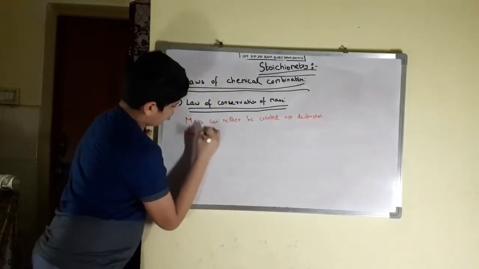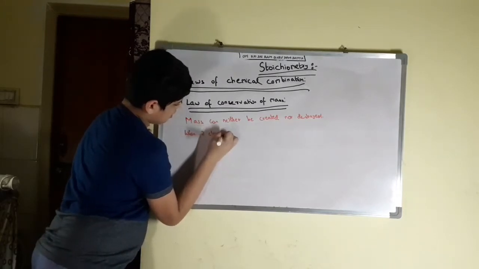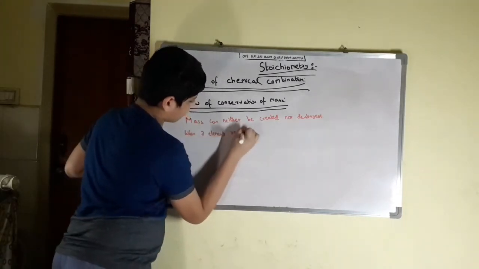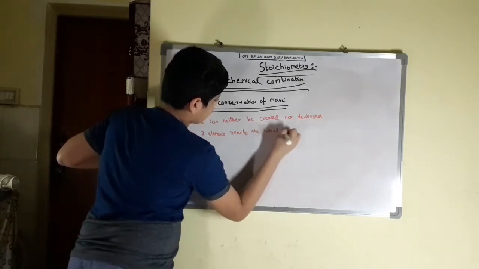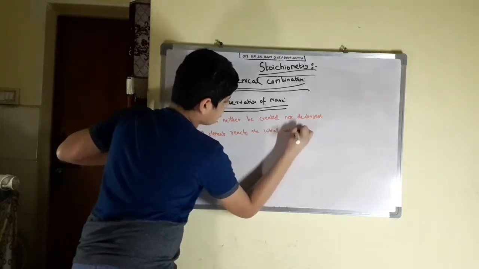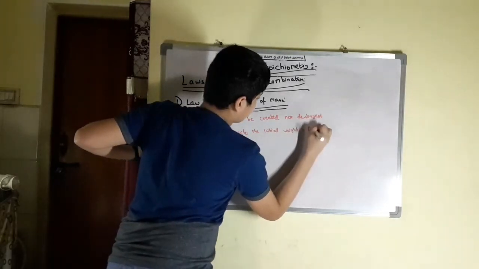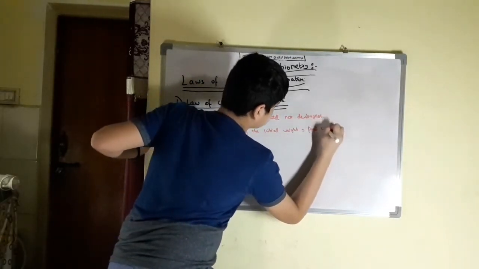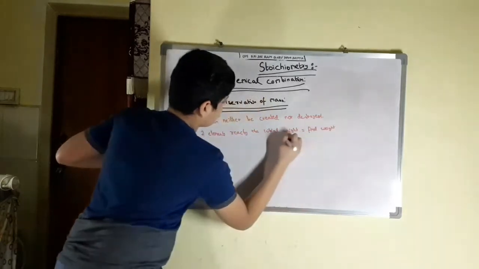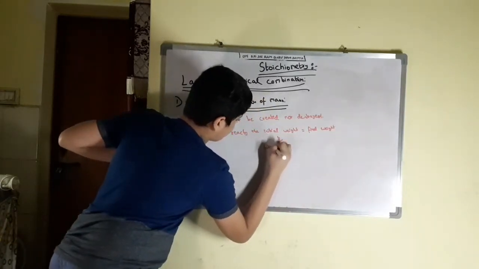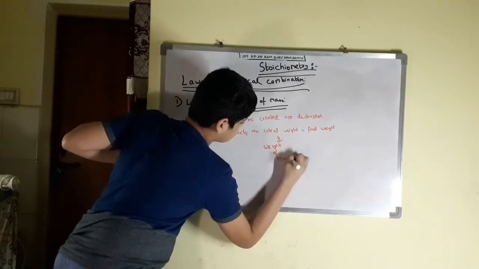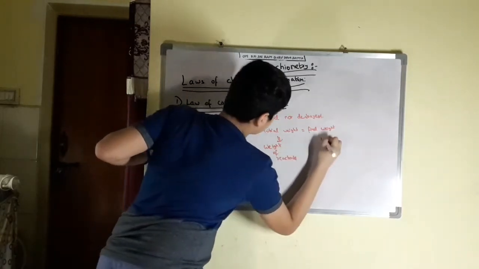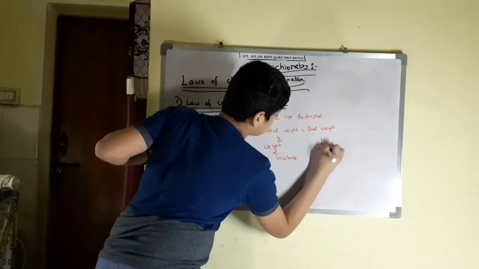When two elements react, the initial weight should be equal to the final weight of compound, that is, the weight of reactants should be equal to the weight of products.